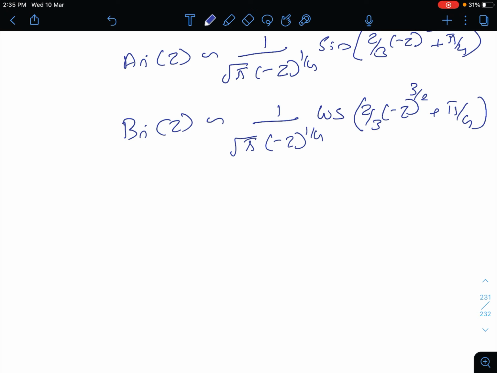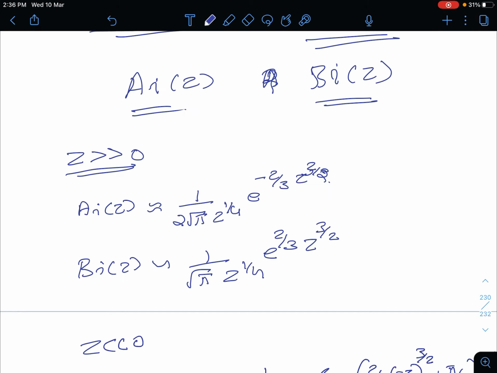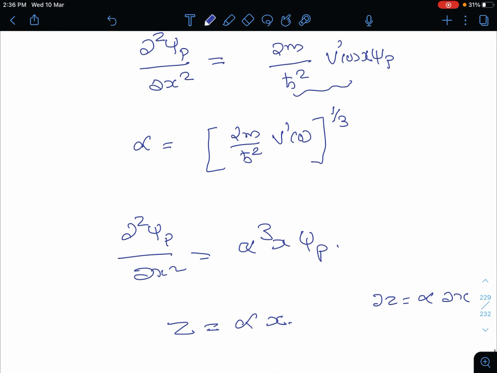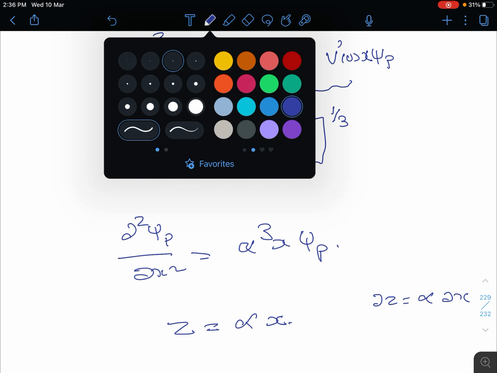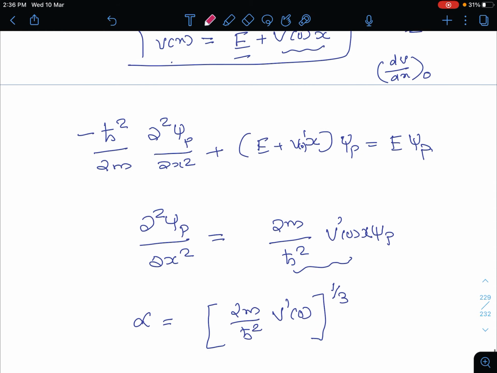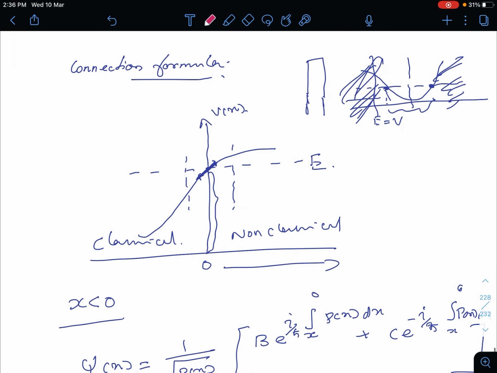Now the psi p. Okay, psi p is a linear combination of what? These two Airy functions. So I can write the solution at this patch region. This region, actually I'll be considering this region. It's a patch region.